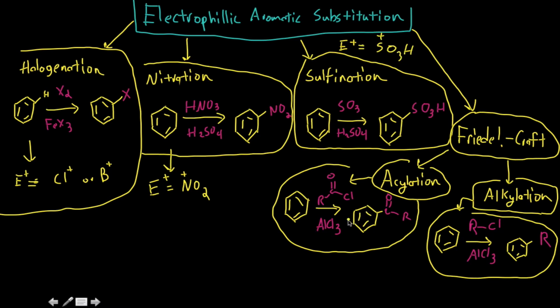For Friedel-Crafts acylation, my electrophile is RCO, positively charged there. Kind of hard to see, I don't know how you can see that. And then for alkylation, my electrophile is just a carbocation, really.